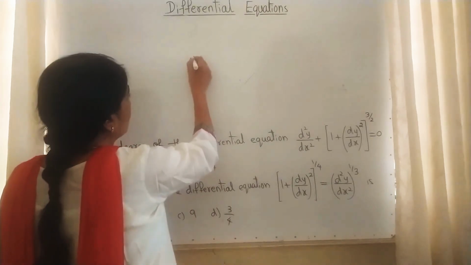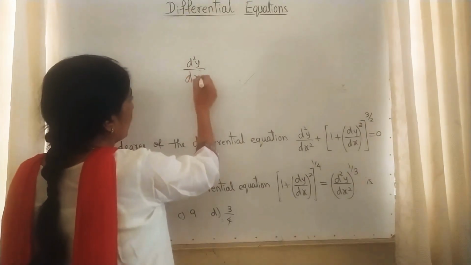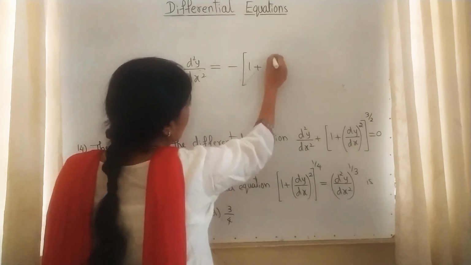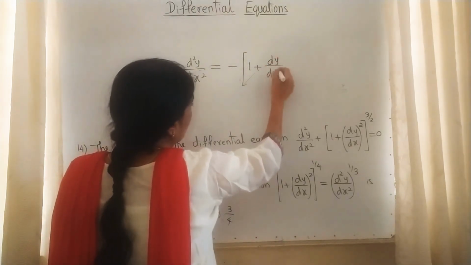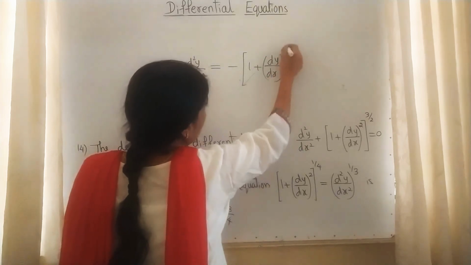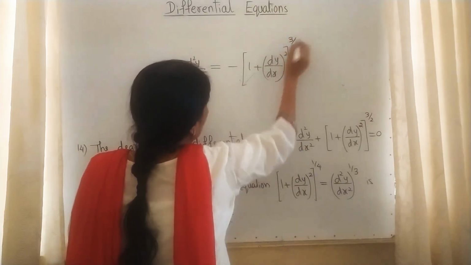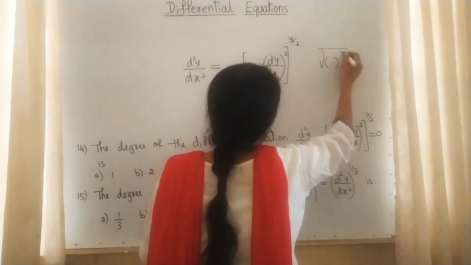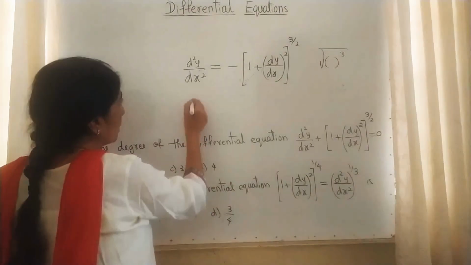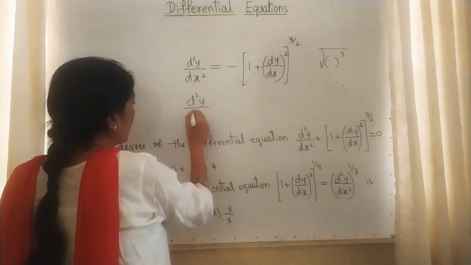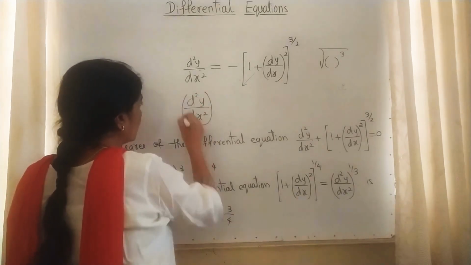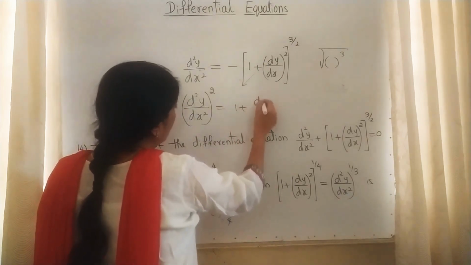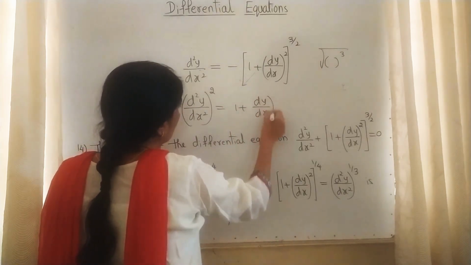This is written as d²y/dx² is equal to minus, the term with power, separate it. Now it is 3 by 2. Now 3 by 2 power is the square root of some value cubed. Squaring on both the sides, when you square, you will get like this. Minus into minus is plus.